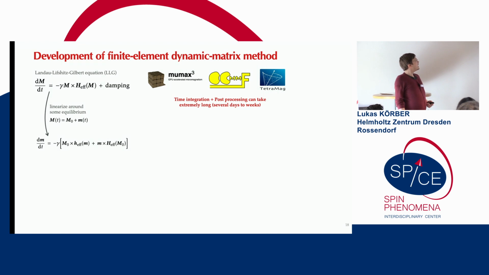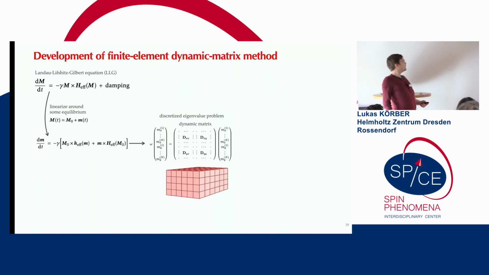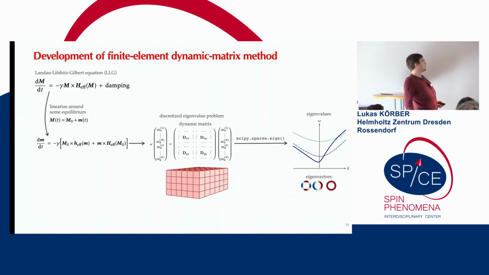So what we do instead is we linearize this equation of motion about some equilibrium state, which we then discretize in space to obtain a discretized eigenvalue problem for the so-called dynamic matrix. And then simply by applying a suitable numerical eigensolver, we can directly obtain the frequencies as well as the spatial profiles of the different modes as eigenvalues and eigenvectors of this dynamic matrix.